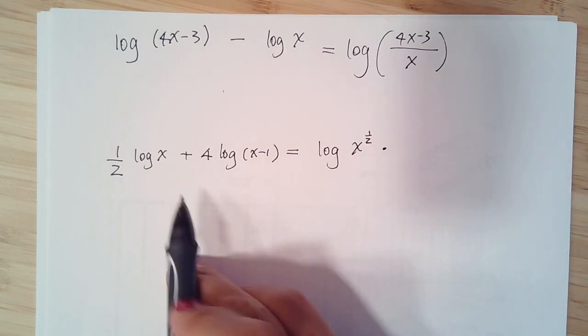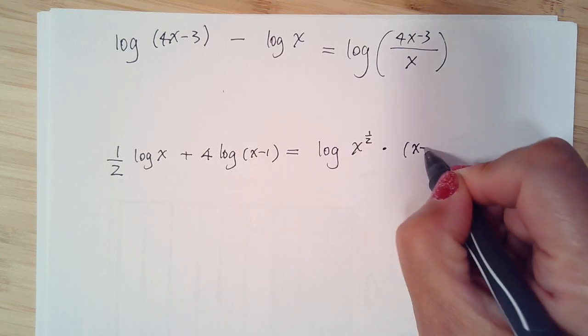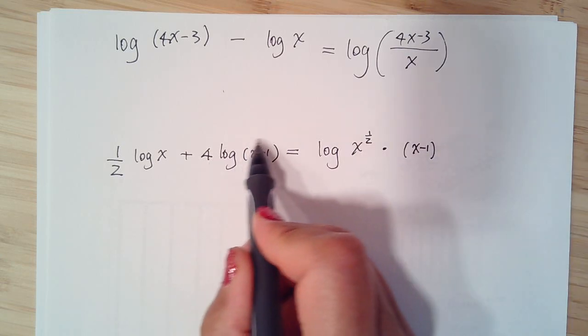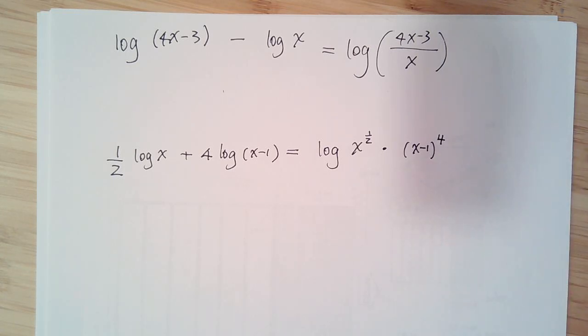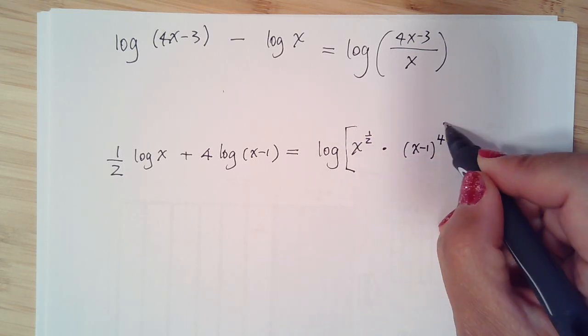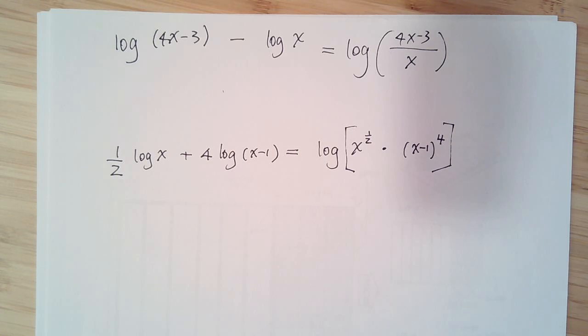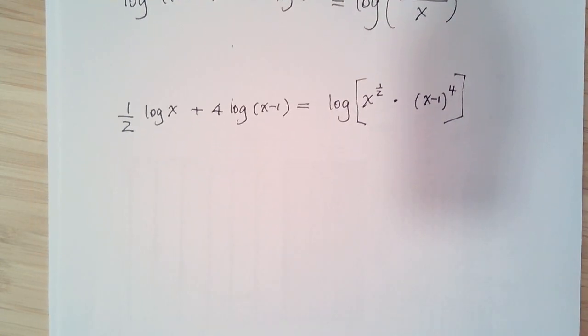And then here is plus, so we change that into multiplication. And the next one is x minus 1, and this 4 moves up here to the 4. Okay, so if you like, you can put them in brackets. That means I'm done with this. Of course, if you want, you can change this into a square root, but it's not necessary.